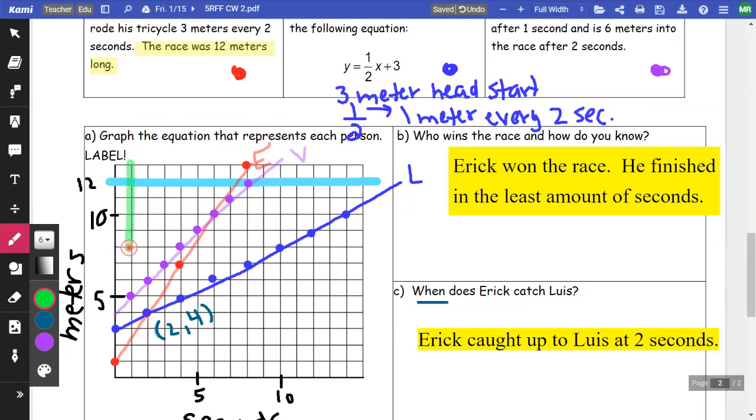Now I'm starting from the finish line because whoever's closest to the finish line is in first place, right? So as I'm coming down, first I come to the purple, which is Valerie. Then I come to Luis, so he's second. Then I come to Eric, which is he's third. So again, it's going to be Valerie, then Luis, then Eric.